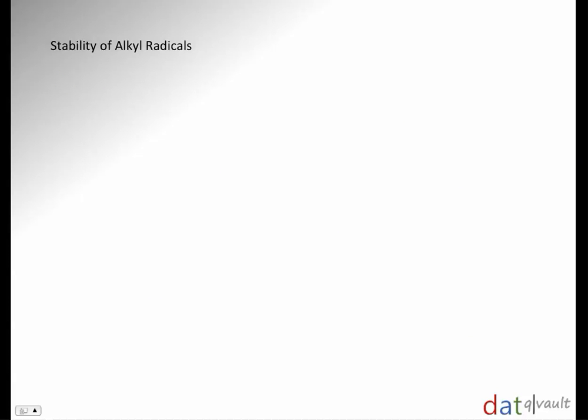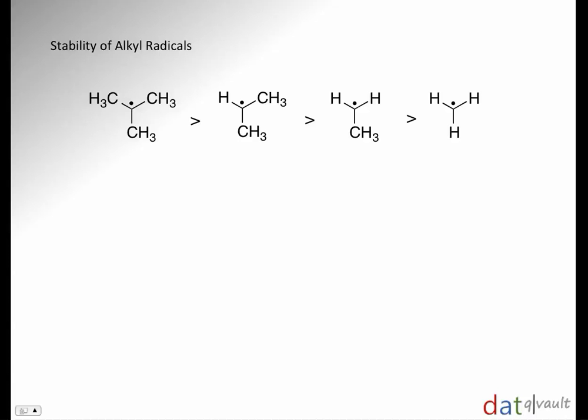Alright, so let's look at the stability of alkyl radicals, which is actually going to be really important later on down the road when we're looking at reacting chlorine or bromine with more molecules than just methane. So if you look at this chart here, we have stability increasing this way.